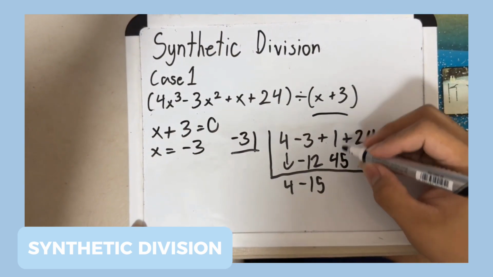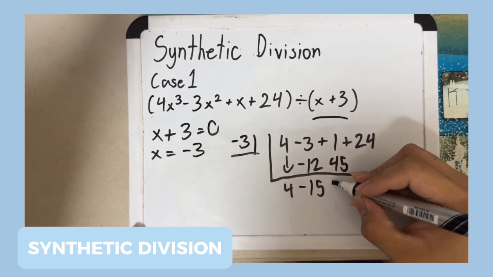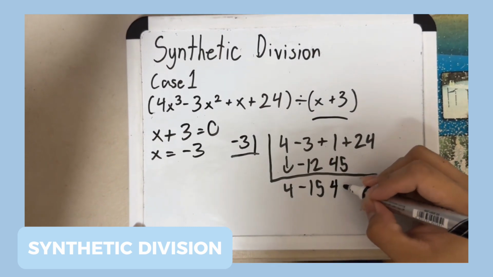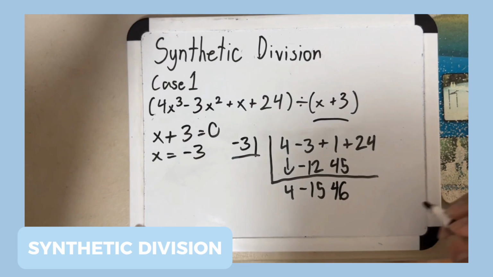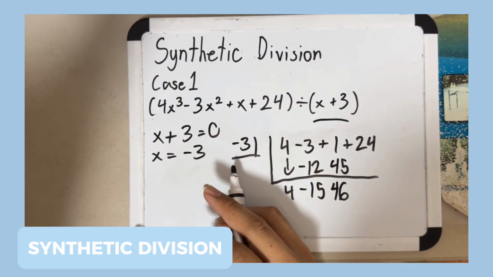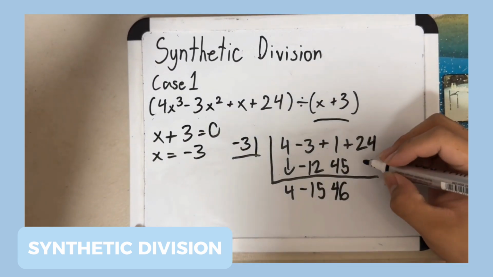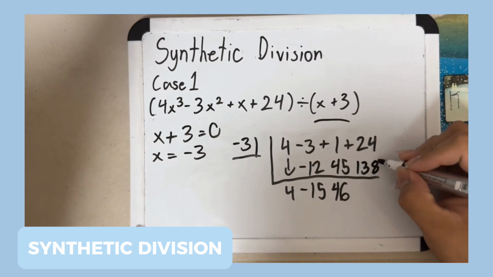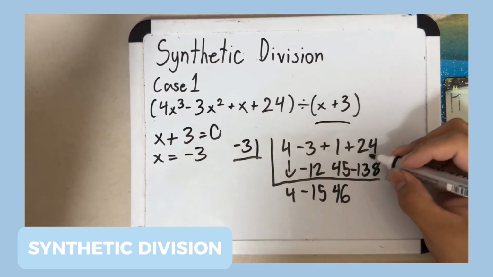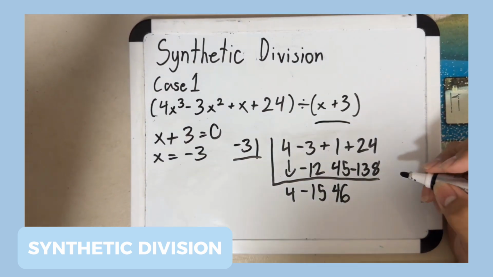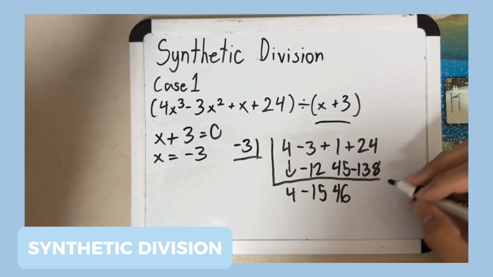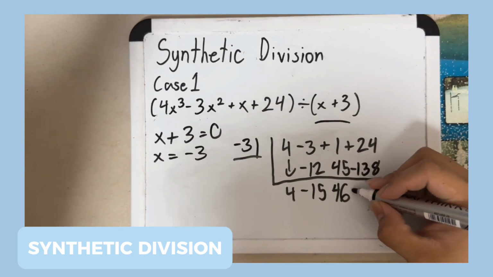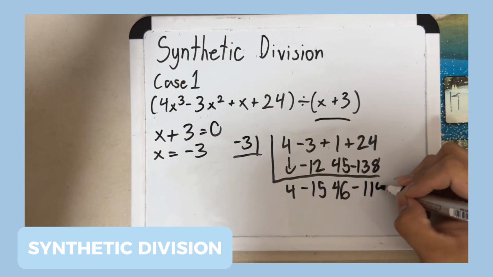Then 45 plus 1 equals 46. Then 46 times negative 3 will be negative 138. 24 plus negative 138 will be equal to negative 114.